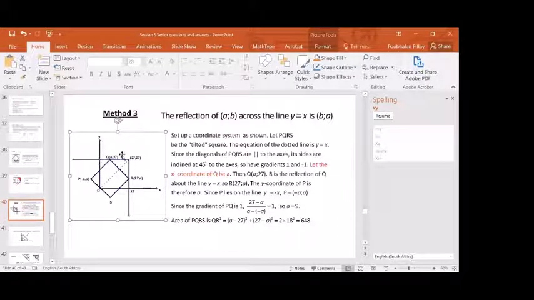Now this is where the analytical geometry comes in. I choose a set of axes at this point here. Remember we had 27, 27, 27, 27. So choose the origin at this point, and then you have quite a few coordinates you know. So I draw a y-axis and an x-axis like that.